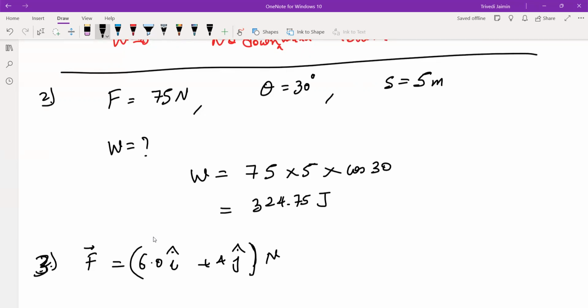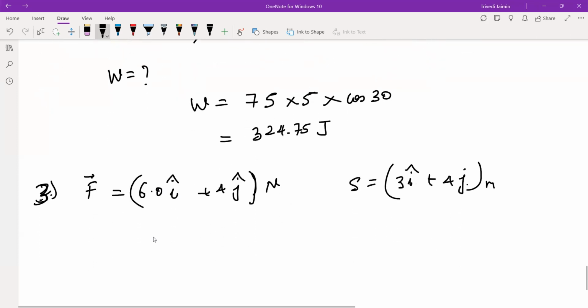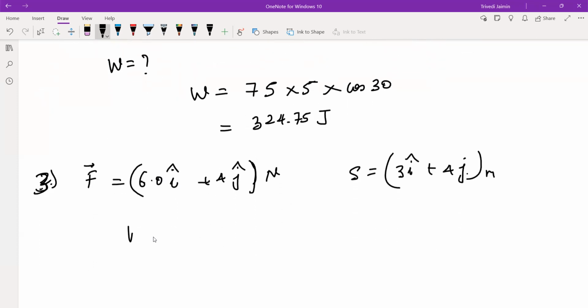It undergoes displacement S equals 3 I cap plus 4 J cap in meter. Find out the work done.